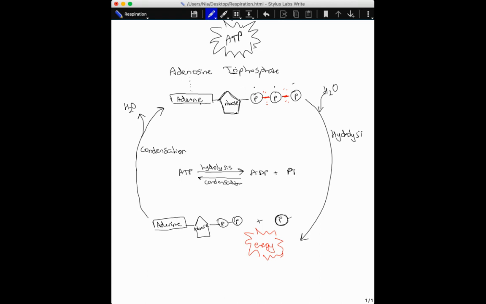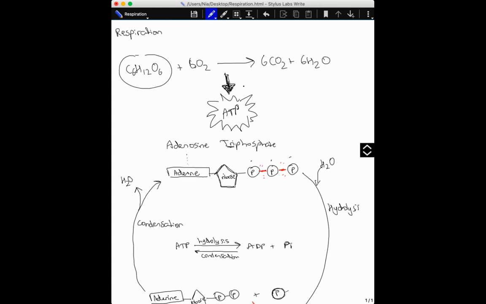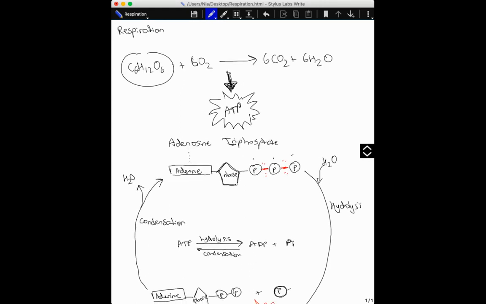Now, the whole point of ATP is that if you just required a small amount of energy for a chemical reaction, and you just broke up a glucose molecule, you would release a huge amount of energy. Most of that would be wasted as heat, which would be unfortunate.